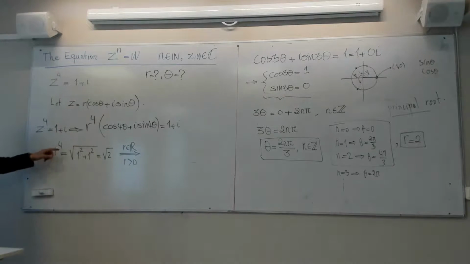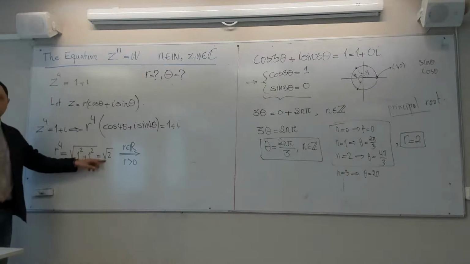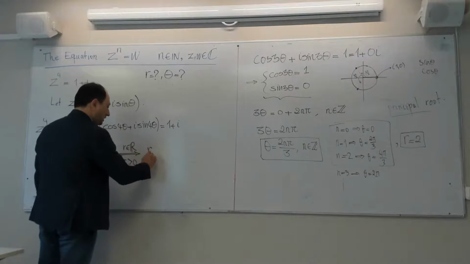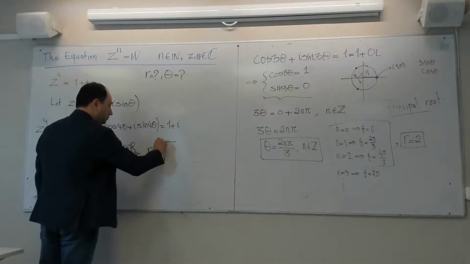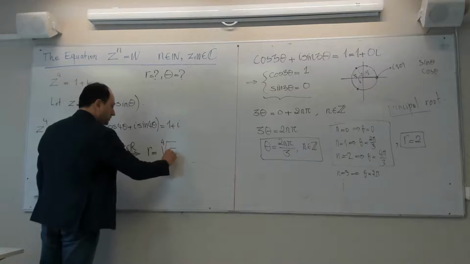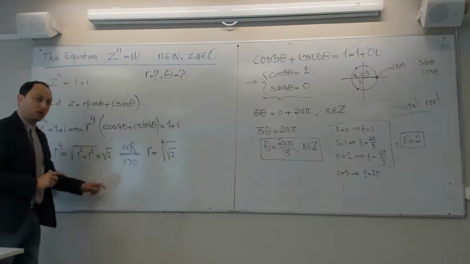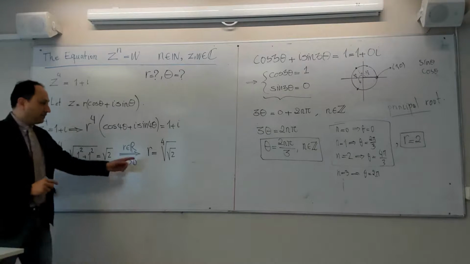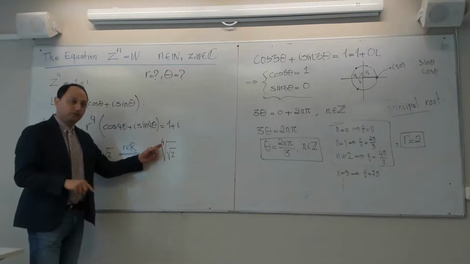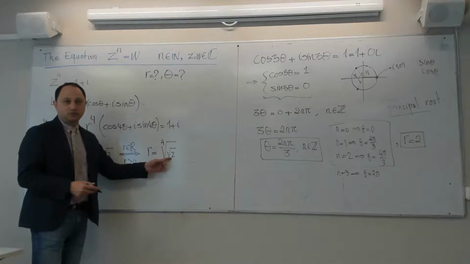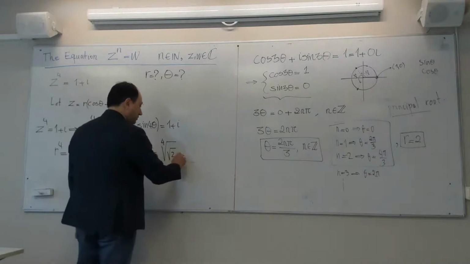I am looking for a real positive number whose 4th power is equal to that. So this means that r is equal to the 4th root of a square root. I do not put plus and minus because I know that r is positive. I am taking the 4th root of an already 2nd root, so this becomes the 8th root.